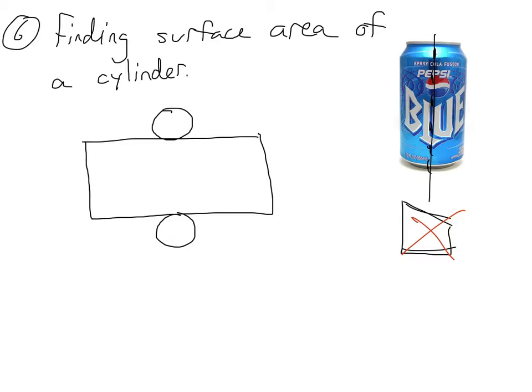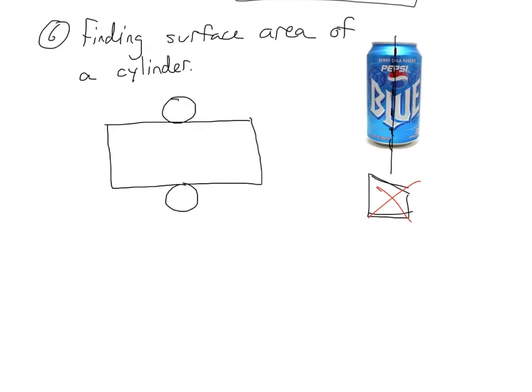So if we're finding the surface area of a cylinder, we're just going to add the area of the bases to the area of this rectangle. So that's easy enough. Surface area of a cylinder equals the area of the bases plus the lateral area.